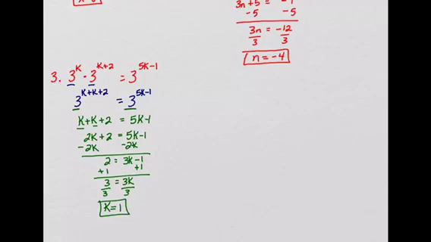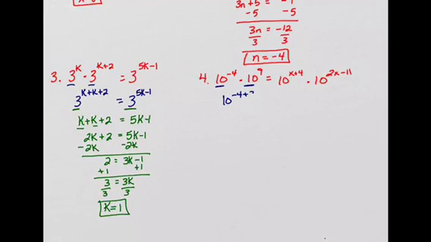Alright, so let's try another example like that one. So for example 4, I get 10 to the negative 4th times 10 to the 9th equals 10 to the x plus 4 times 10 to the 2x minus 11. So because my bases are both 10 on this side, I can add my exponents together.